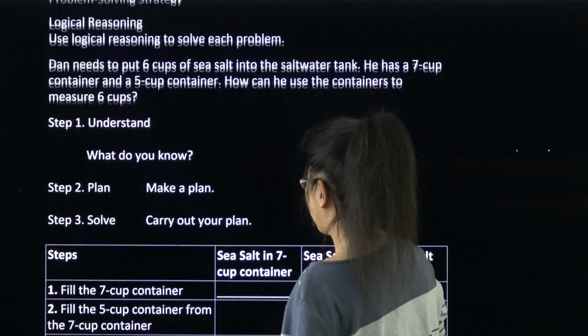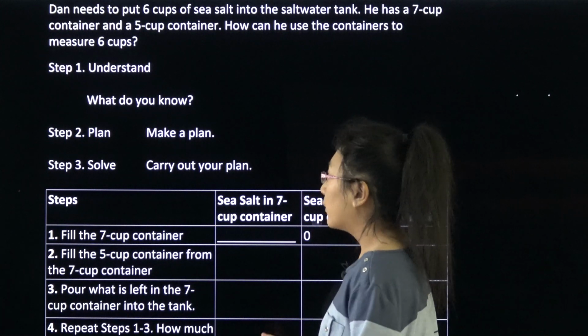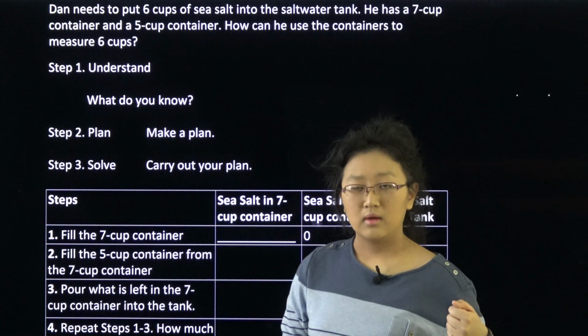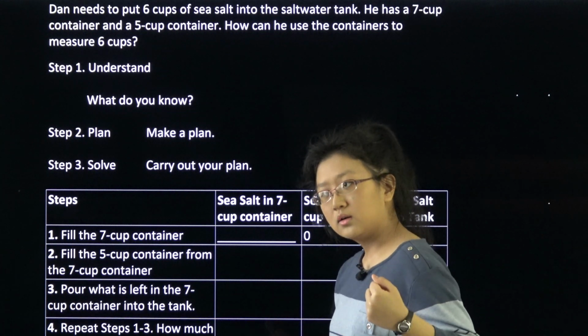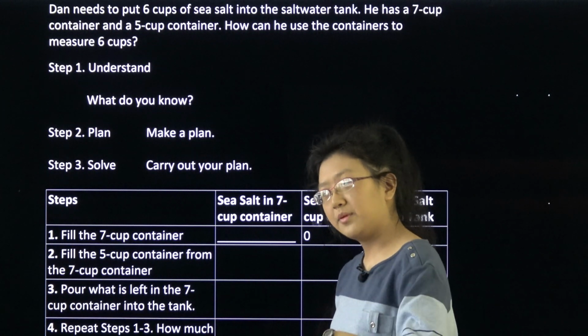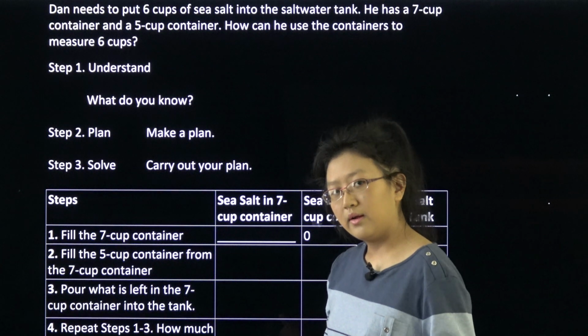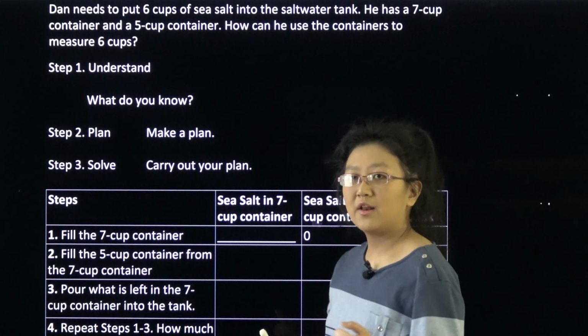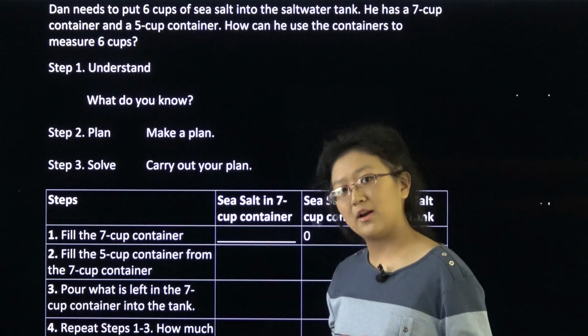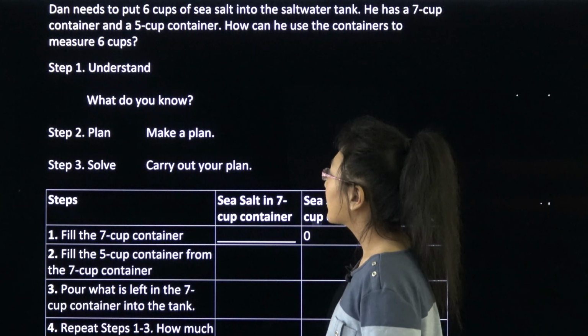So step 2, we make a plan. Well, we know that there's a 7-cup and there's a 5-cup. So if we pour 7 cups into the 5-cup, then there will be 2 cups left. And 6 is made out of 3 2s, or 6 divided by 2 equals 3.